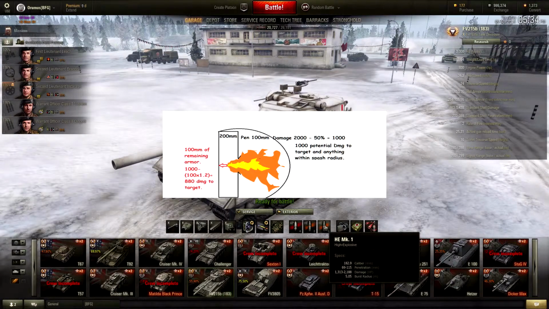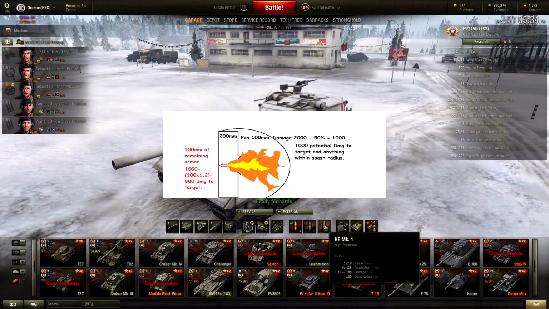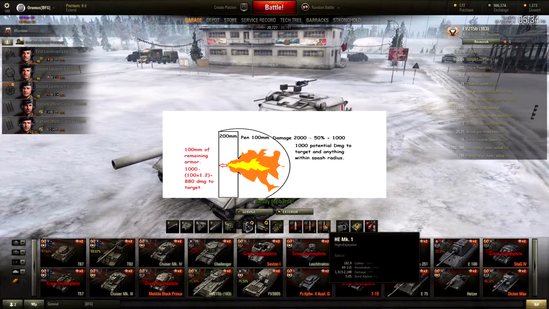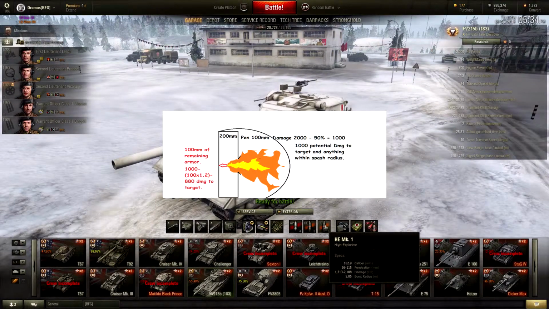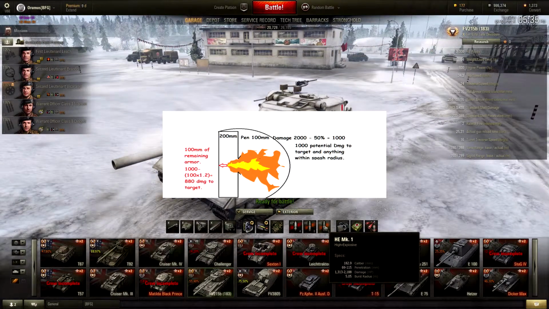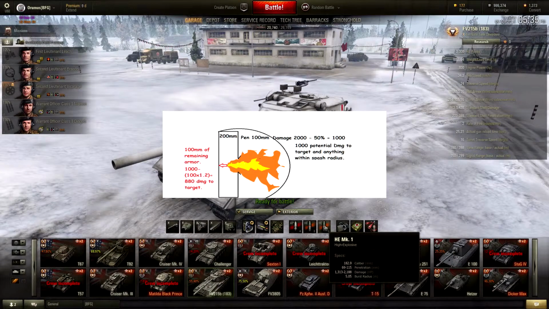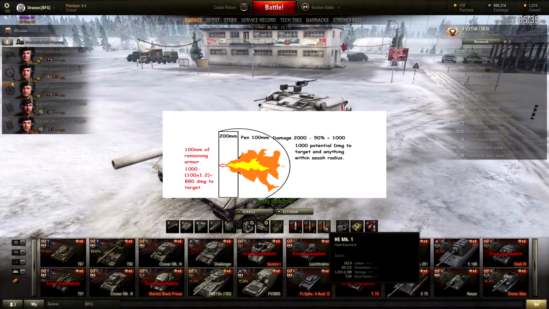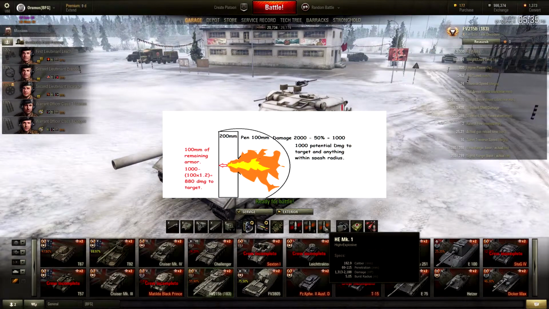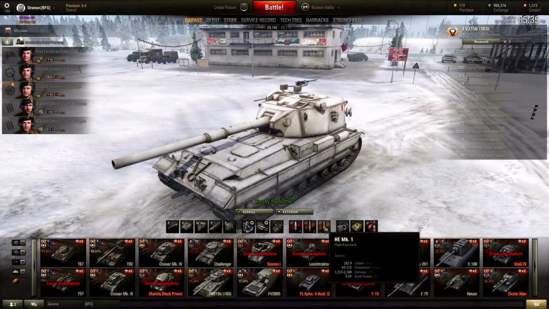And it's the same thing if you miss a tank, but they are still within your blast radius, then there is no penetration value, obviously, because the shell didn't hit them. So it still has to calculate that however much armor times 1.2 subtracted from your damage, and whatever's left is how much damage you do to the tank. And that's how HE and HESH, because HESH is just a high penetration version of HE, works.